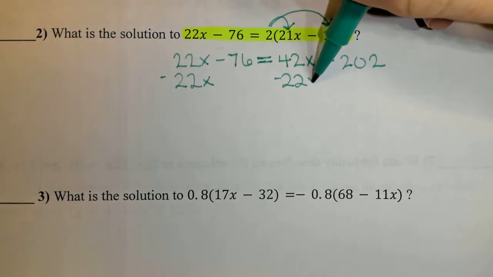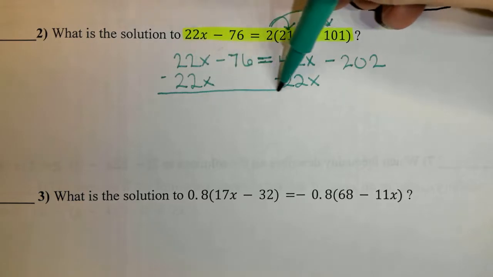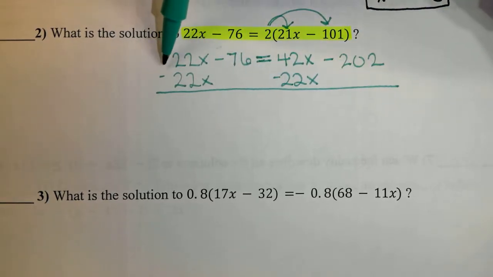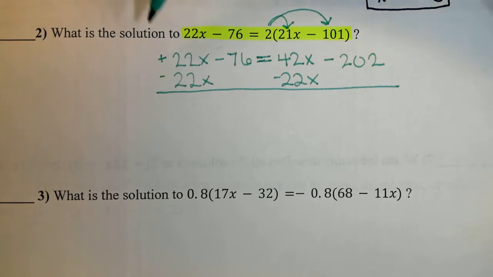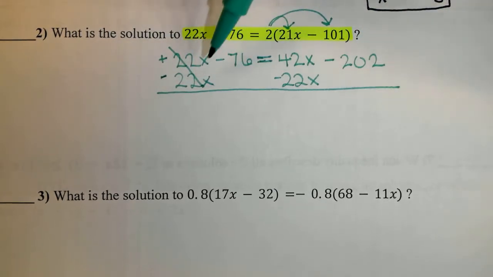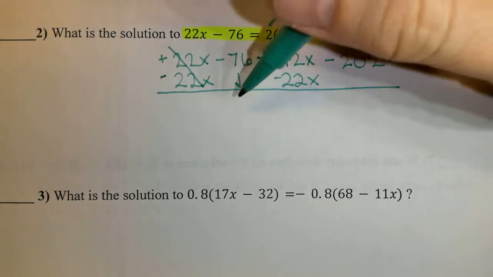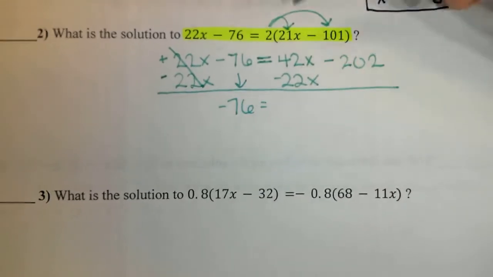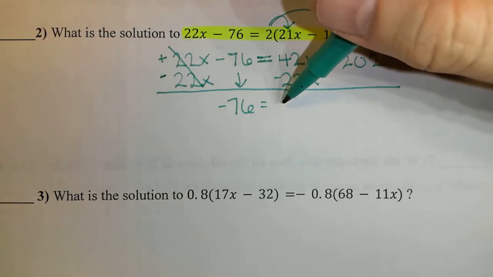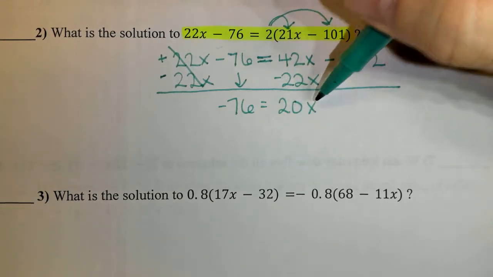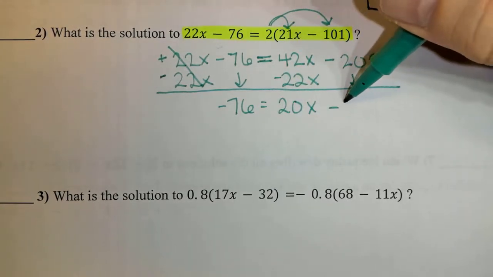So I'm going to move 22x to the other side of the equation. Because it's positive, I'm going to do minus 22x. That way those are 0. I'm going to bring this down. 42x minus 22x is 20x. And then I bring this down.